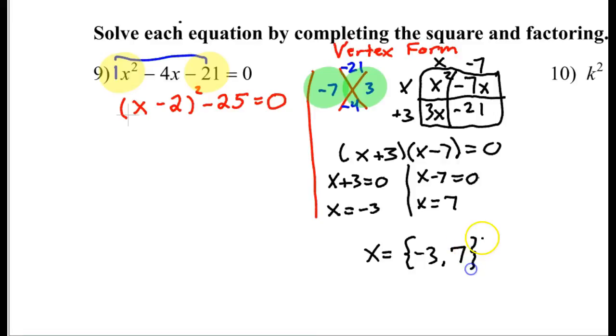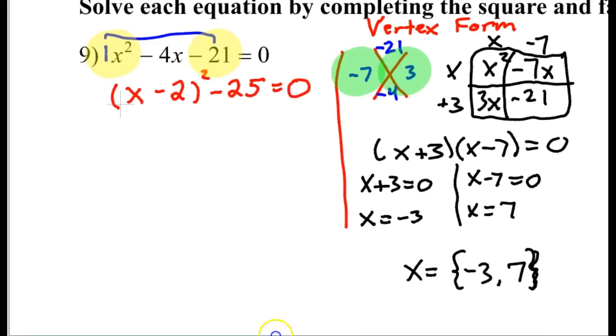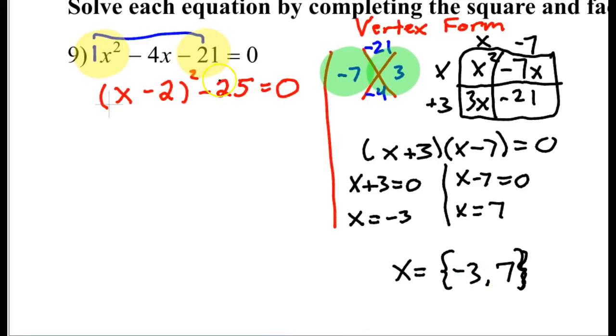Okay. Oops. There we go. So now what I'm about to show you is how do you get these two answers here, negative 3 and 7, from the left-hand side. So it does say to solve completing the square. Usually we've just been making it vertex form and stopping, but we can actually get the same two numbers.